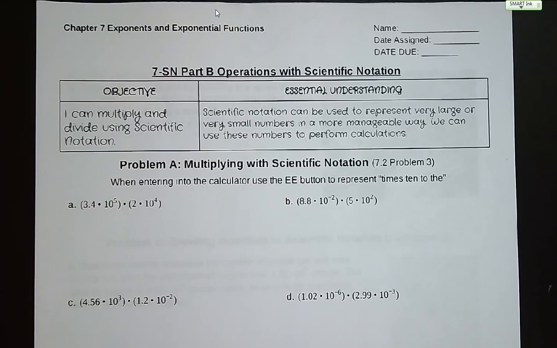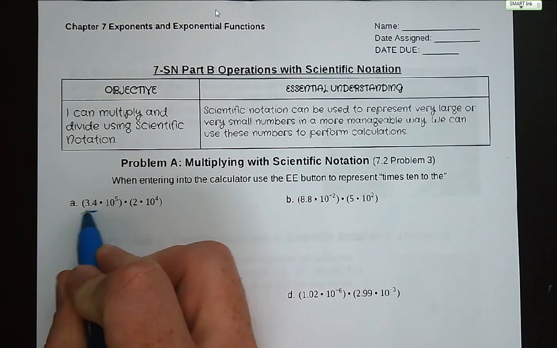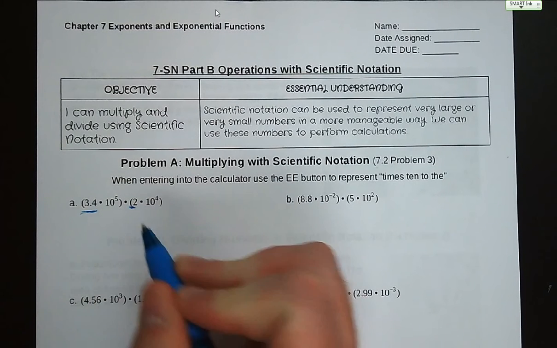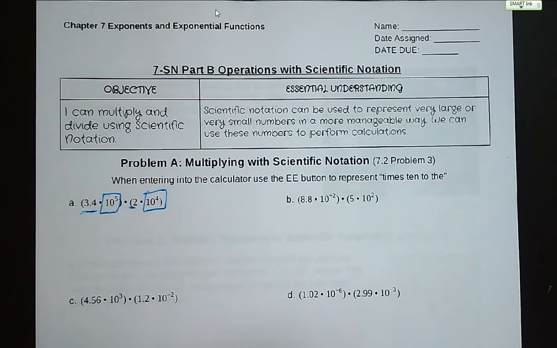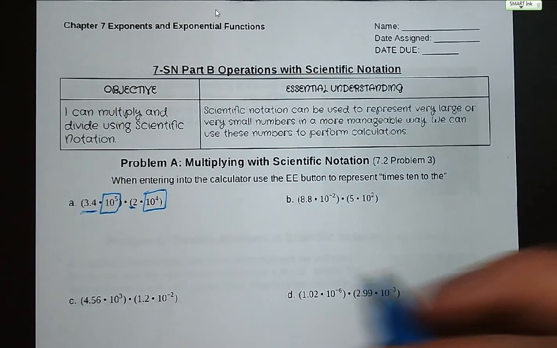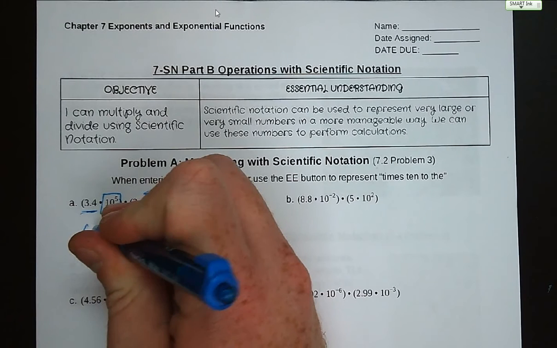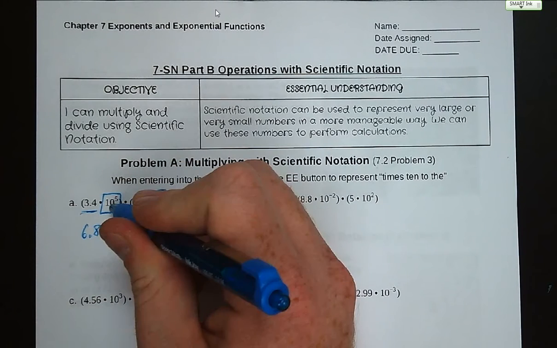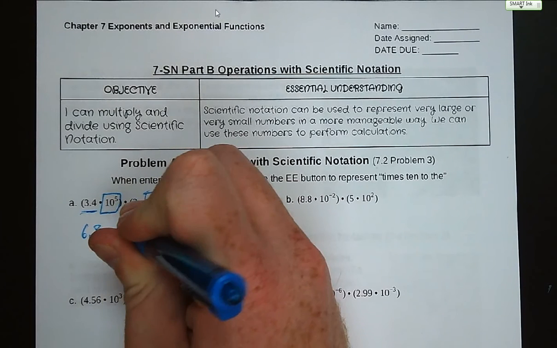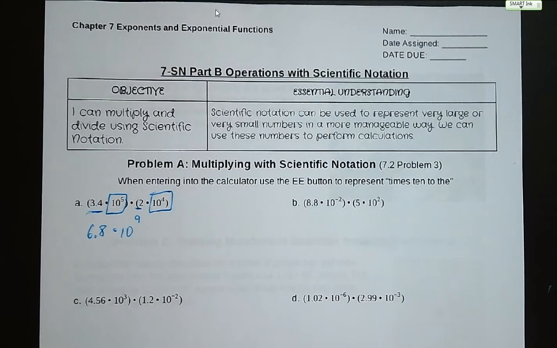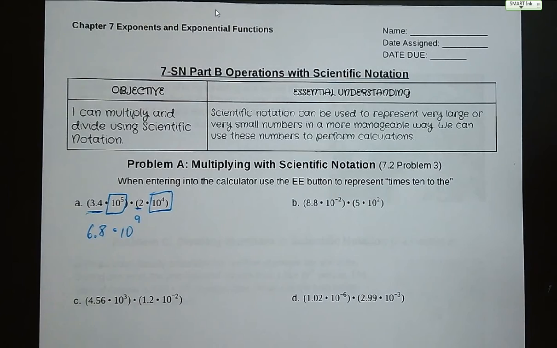We can use our exponent rules and multiply the different pieces: 3.4 times 2, and then 10 to the 5th times 10 to the 4th. So 3.4 times 2 would be 6.8. For 10 to the 5th times 10 to the 4th, how many 10s do we have? This is times 10 to the 9th power.